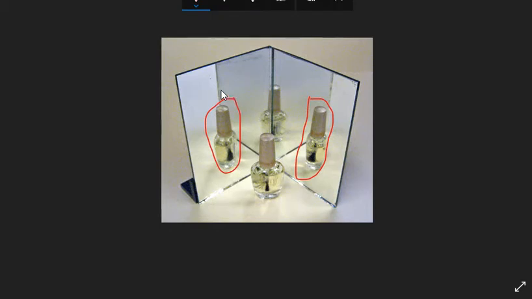But because the mirrors are perpendicular to each other, each has a view of each other, so each of these mirrors can actually see the other mirror, and they also reflect each other's light. This mirror right here is actually reflecting this mirror surface over here. And in the same way, this mirror on the left, back in this little corner here, is reflecting this mirror on the right.